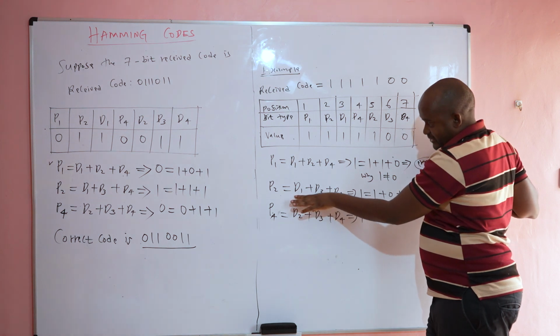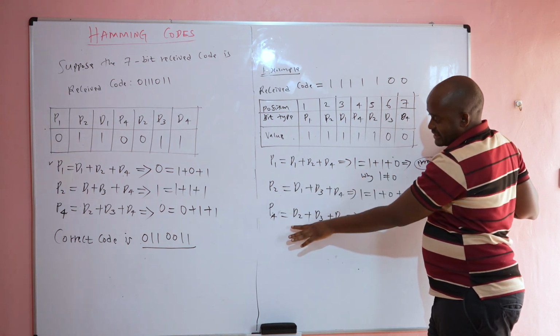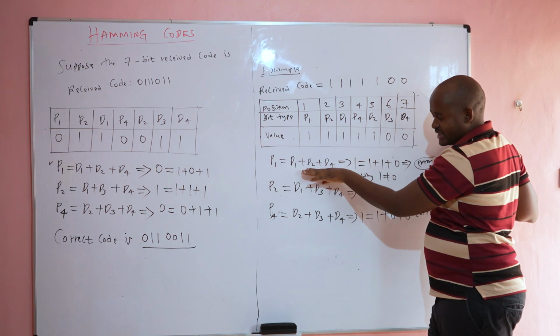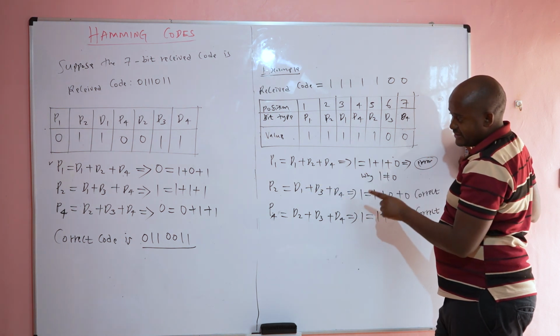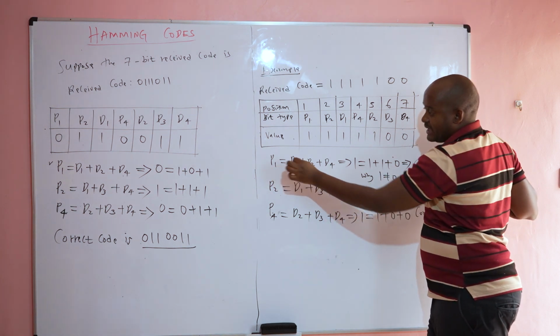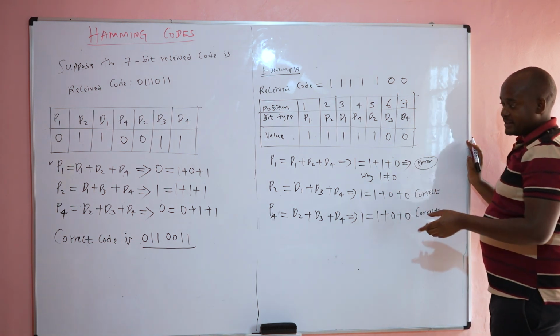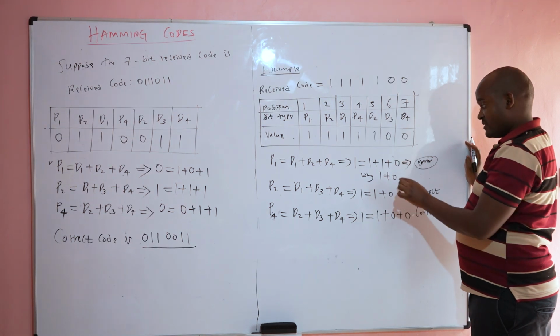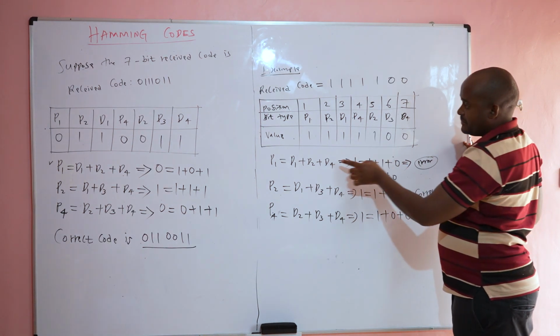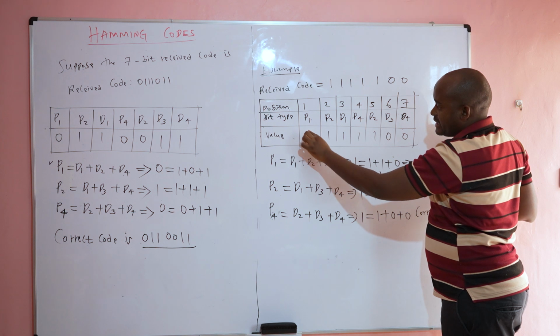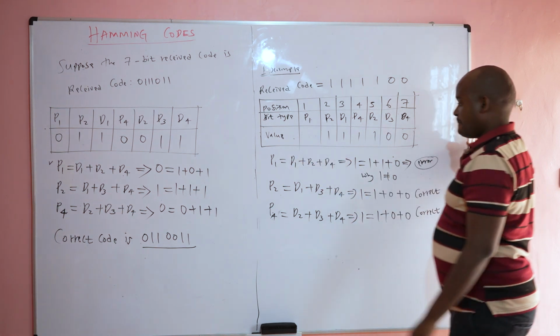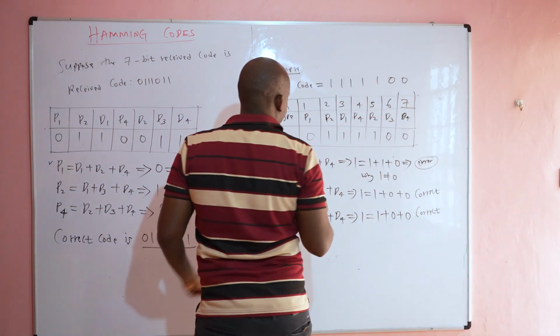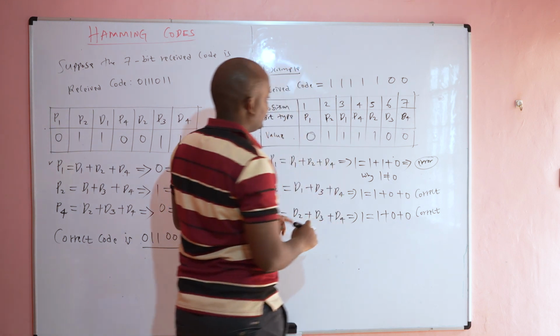If our D1 is correct here, also here it is correct. If our D2 is correct here, also here it is correct. So meaning that the only value that has an issue is this P1. So we have to change it, because the others you can see are correct. We flip this, changing the value from 1 to 0. Now you will notice that the code word will be corrected.